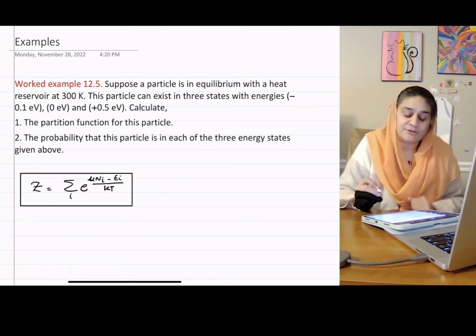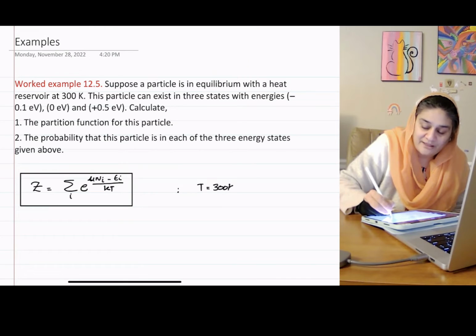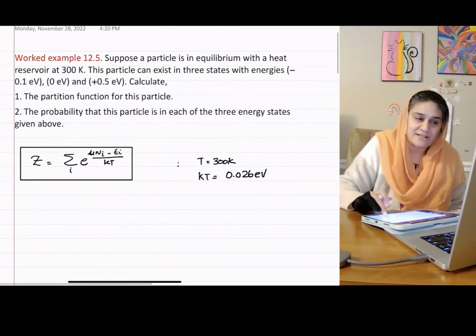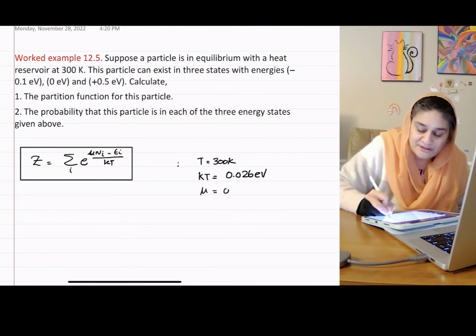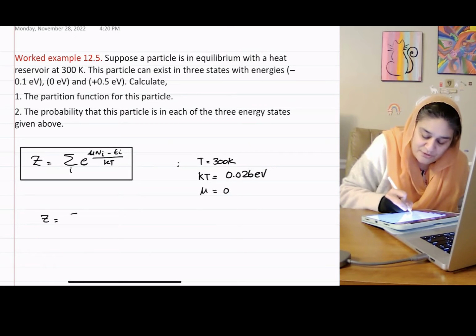I can also use the fact that when my T equals 300 Kelvin, my kT will equal 0.026 electron volts. So using these two facts, and the fact that I know that mu equals 0 for this case, my Z will reduce down to the sum of e to the minus E_i over kT.